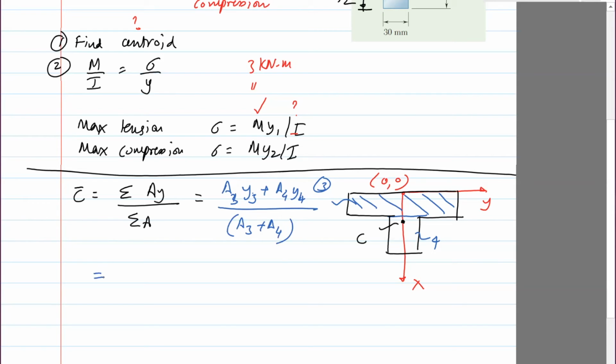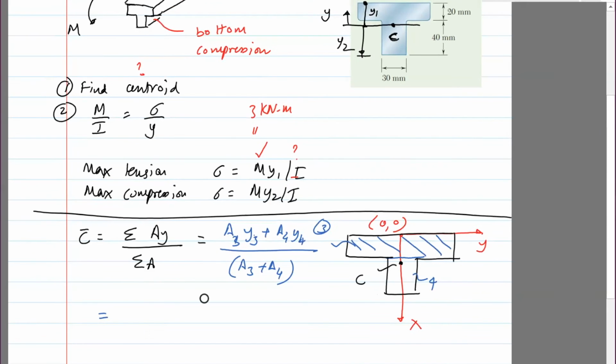Okay, so what are these areas? The area of 3, the dimensions are on top, is 90 times 20. And the centroid of the first part from the origin is going to be 20 divided by 2, so it's going to be 10. Plus the second piece is 40 in height and 30 in width, so 40 times 30.